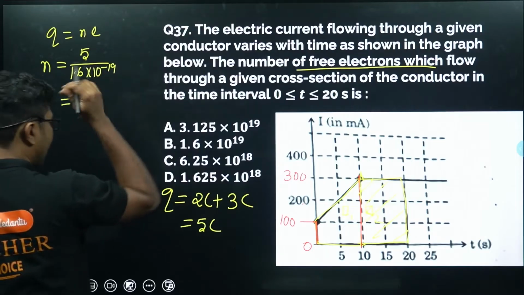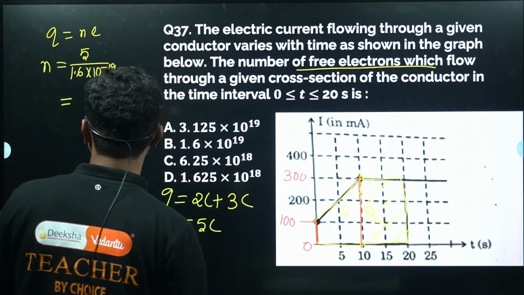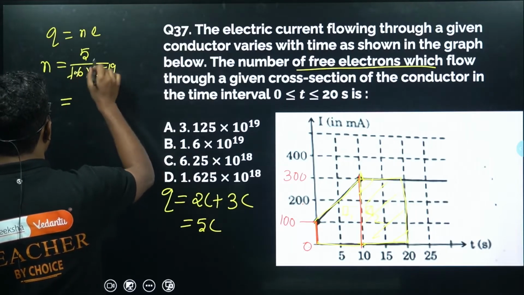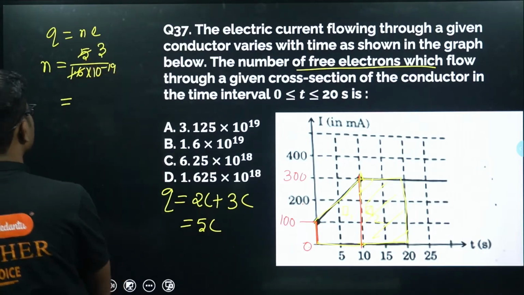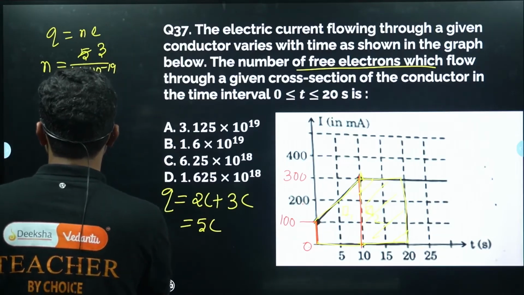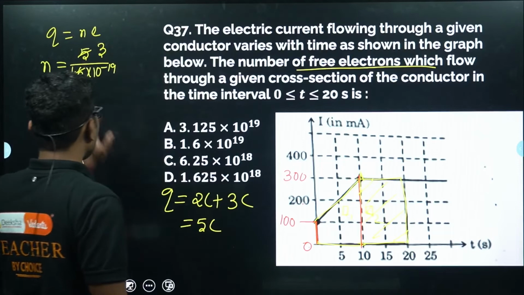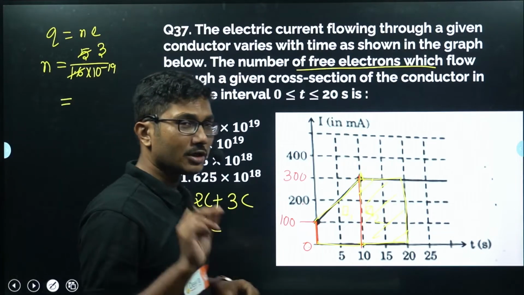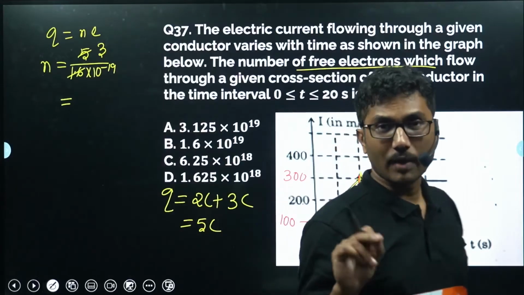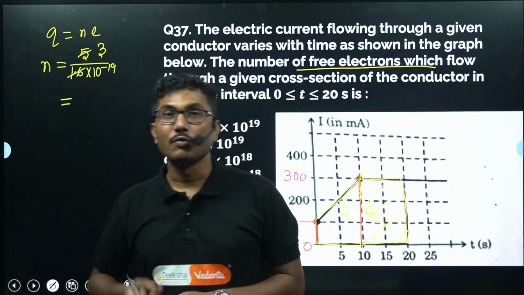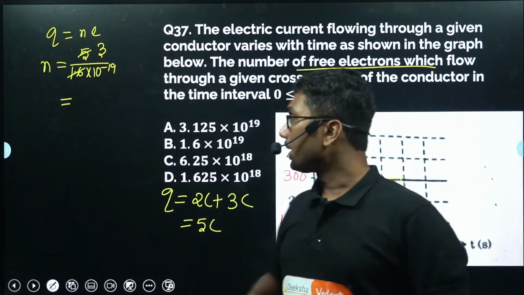If you calculate that, you will get almost 3 times. If you consider this as 1.5 instead of 1.6, then 3 times 1.5 is 4.5, right. But here it is 5.